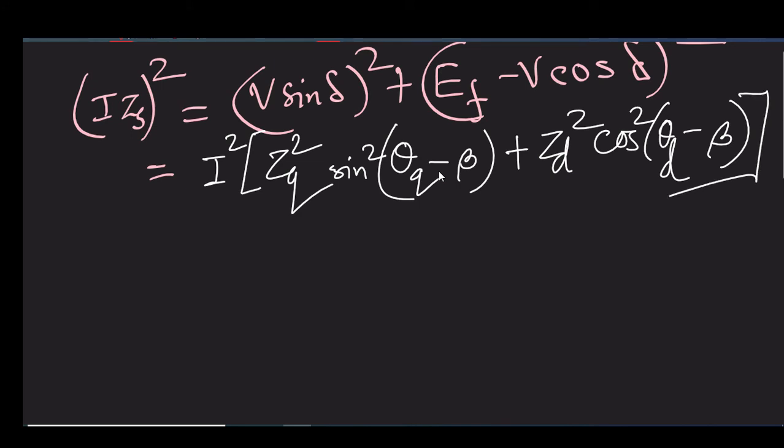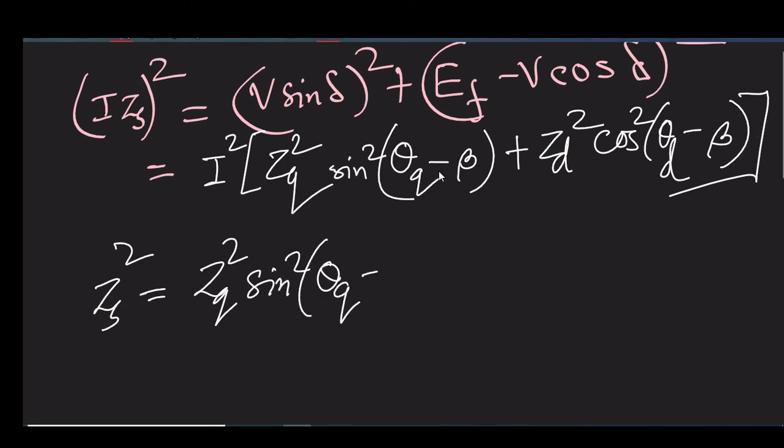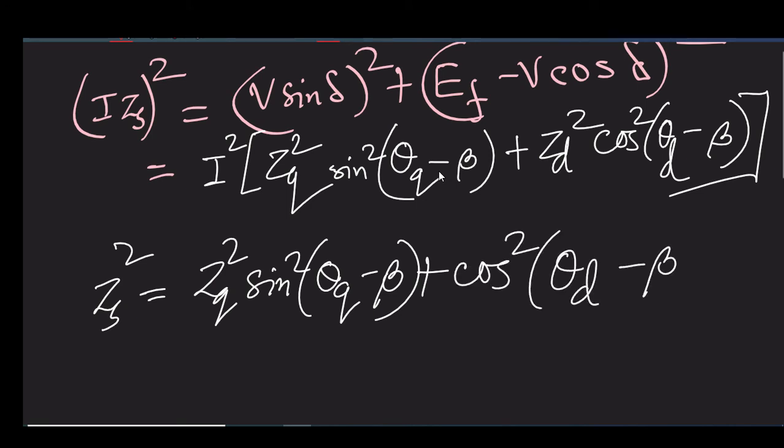So what we can do is that we can get finally ZA square is equal to ZQ square sine square theta q minus beta plus cos square theta d minus beta. Here ZD square, right?